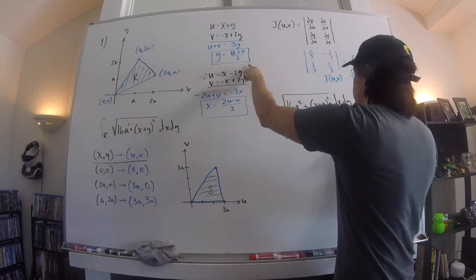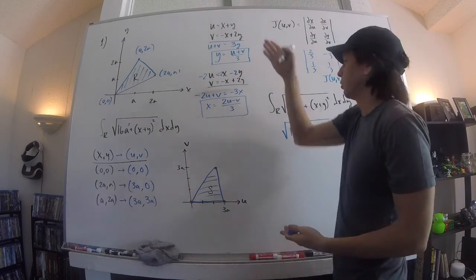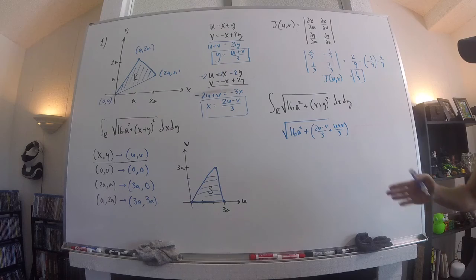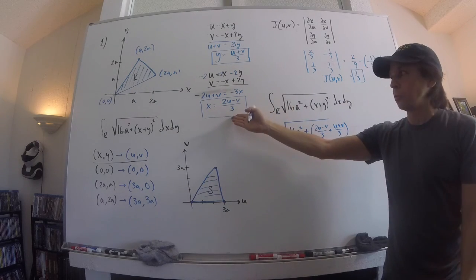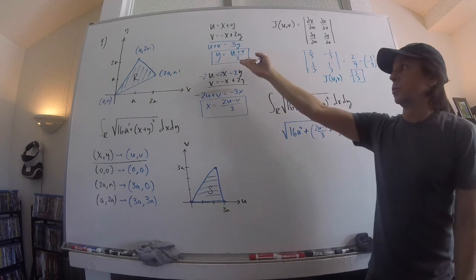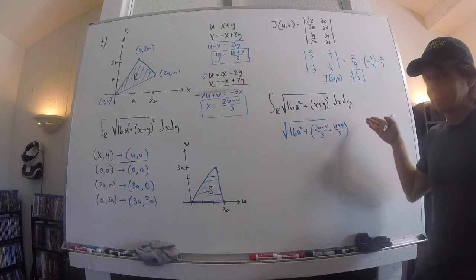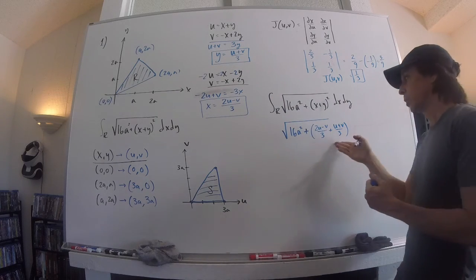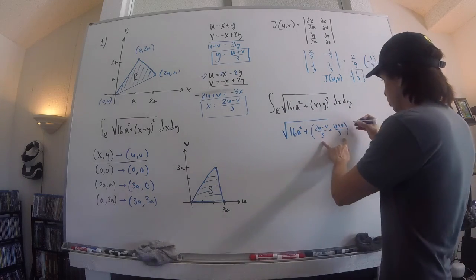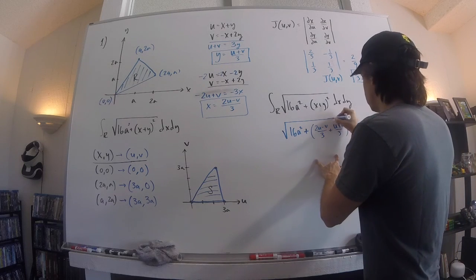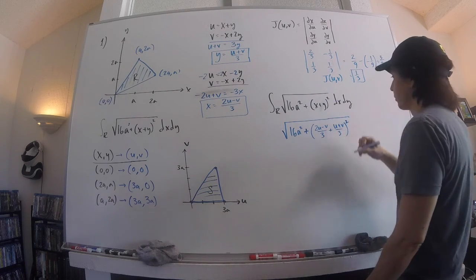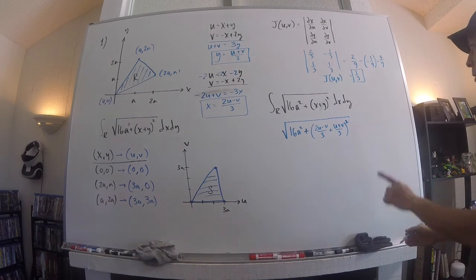So it doesn't have to be something clever like, oh, hey, right there, it's going to be u squared. You can literally put 2u minus v in every x there, and put u plus v over 3 in place of every y there. Simplify it though. Don't leave it like this and start working with this. Obviously this simplifies. Talking to you, Carolyn. Alright, but anyway, we're going to simplify that.